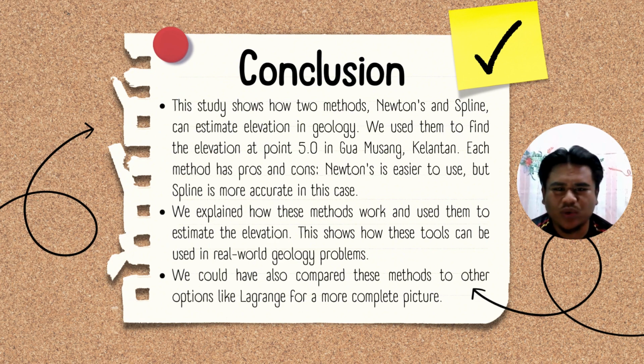We explain how these methods work and use them to estimate the elevation. This shows how these tools can be used in real-world geology problems. We could have also compared these methods to other options like Lagrange for a more complete picture.